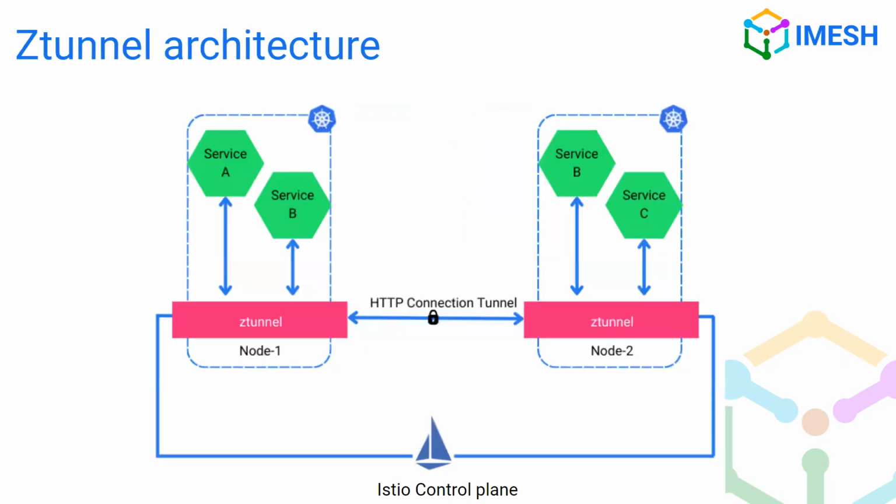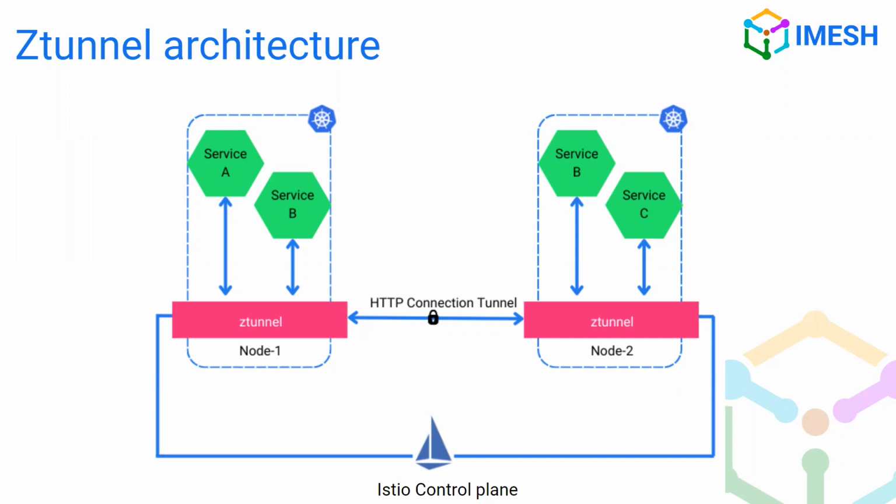Now coming to the new one, ambient mesh, what it is bringing. Here we can see service A and service B running on node 1, for example, and service B and service C running on node 2. And those nodes are talking over a secure channel. This is also called HBONE communication, which is an HTTP-based overlay network environment.